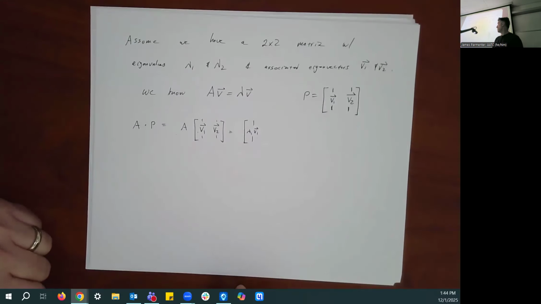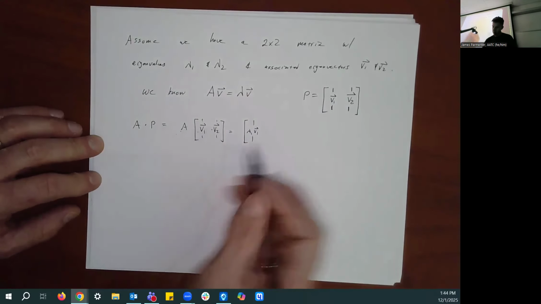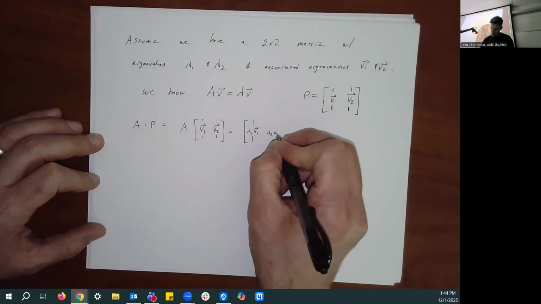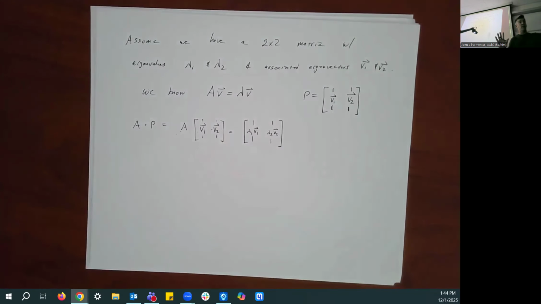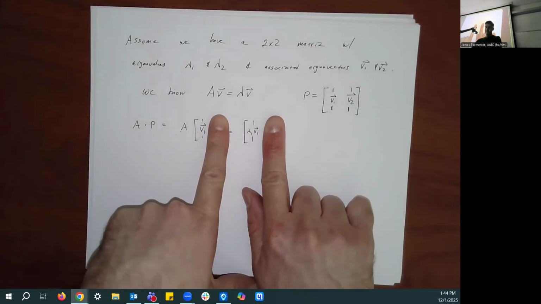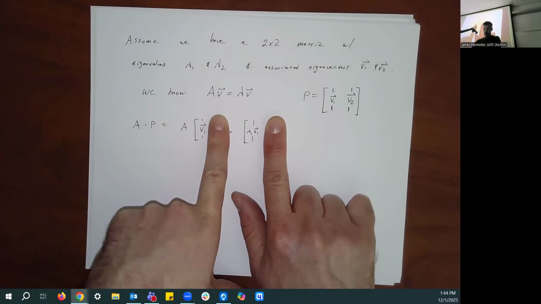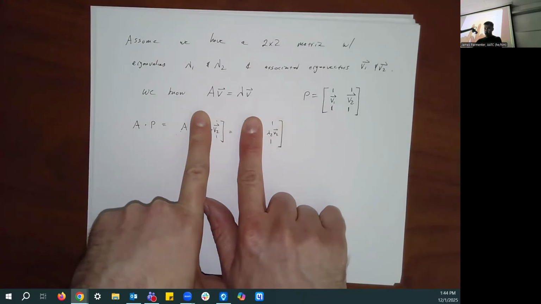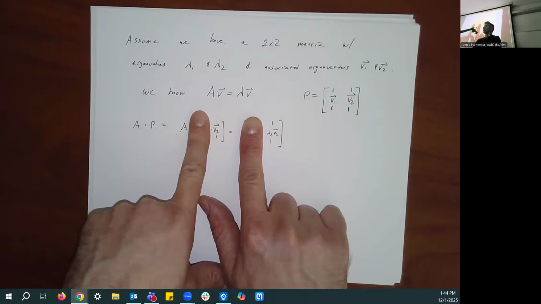Similarly, A times the second column equals lambda 2 times v2 in your second column. You can imagine doing each one separately. If you multiply the matrix A times the vector v1, you get lambda 1 times v1. If you multiply A times v2, you get lambda 2 times v2. And those are both columns here, so the matrix multiplication really does work out.